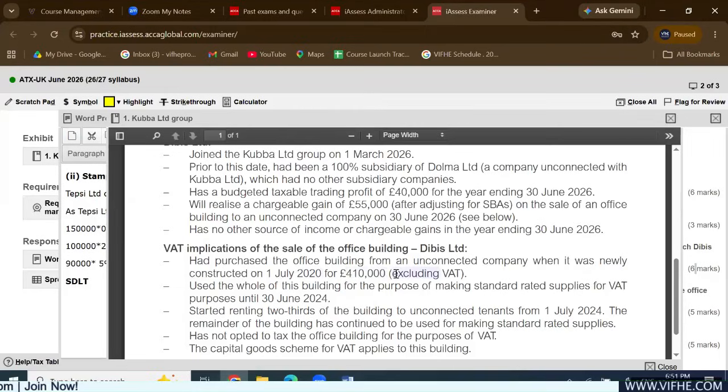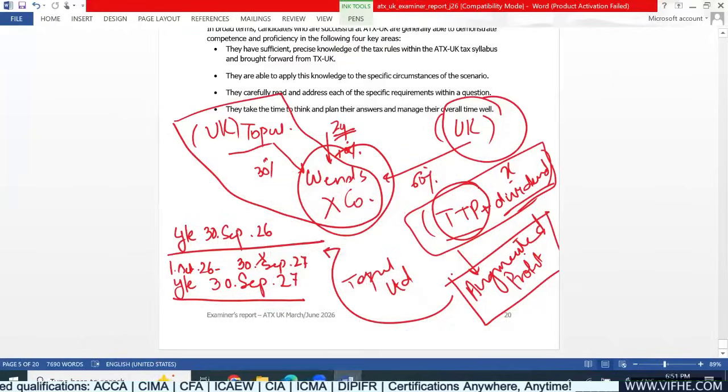So this is the price on which the building was acquired. We need to see how much VAT was charged at the point of purchase. And considering you have gone through the entire information, at that point, the whole of the building was involved in producing taxable supplies. So all of the VAT which we have paid shall be considered as taxable, and it was recoverable completely in year one, in the year in which the building was acquired.